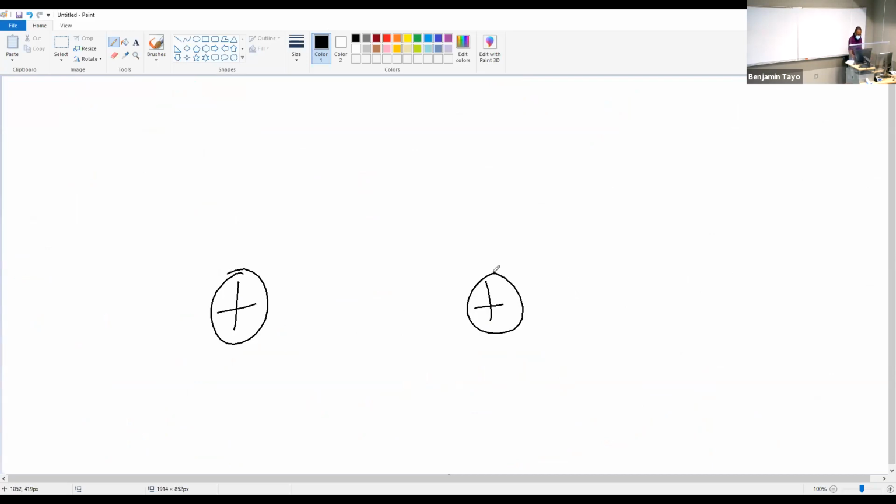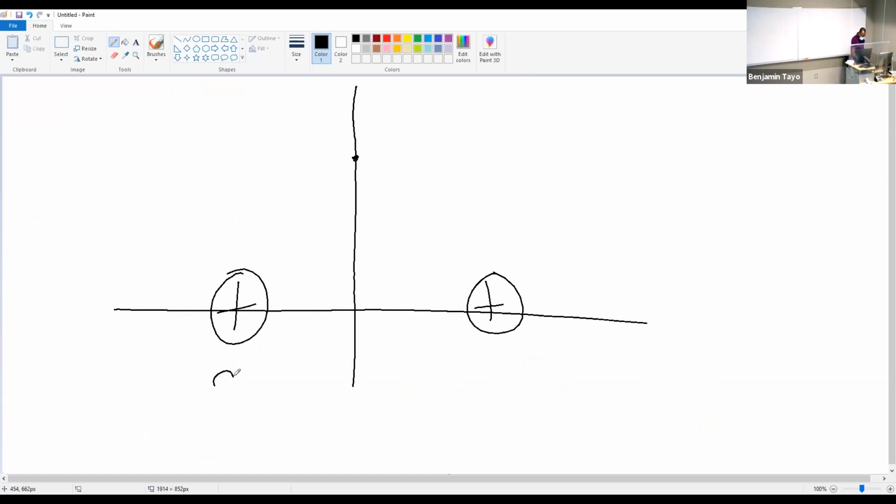Let me really draw the vectors so you can see. This is point P. The electric field from Q1 must be a line pointing in this direction, and the electric field from Q2 is a line that points like this, right?